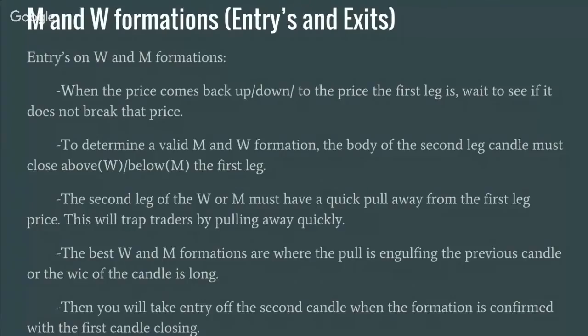So if it's 1 to 5 pips away, I'm making this a new rule. If it's 1 to 5 pips away from the first leg, take entry, because I'm about to show you exits that will make that formation safe. But it will be much riskier than the second leg hitting the actual first leg price.